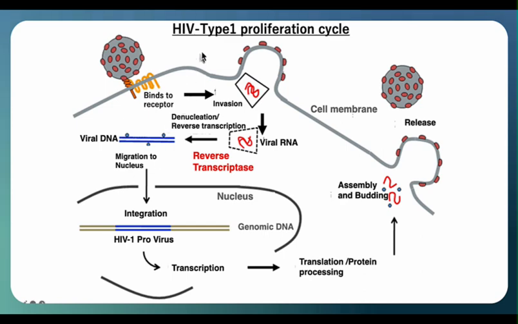HIV viral replication cycle is described below. The virus first adsorbs specifically to the CD4 receptor. After adsorption is complete, the envelope membrane of the virus fuses with the cytoplasmic membrane of the host. This leads to the release of the capsid shell from the virus.